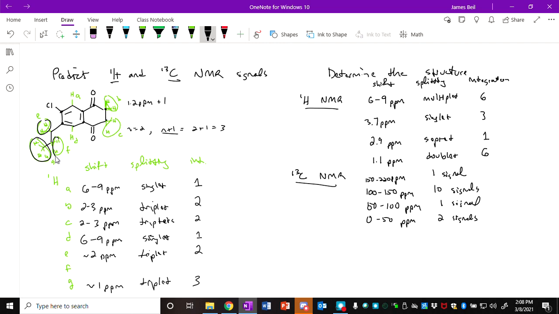But F would probably come around 1.2 ppm because it's a methylene and it's not next to anything that would de-shield it.